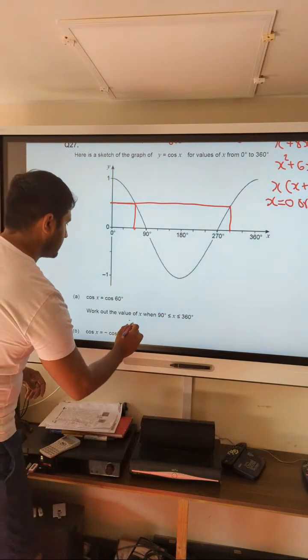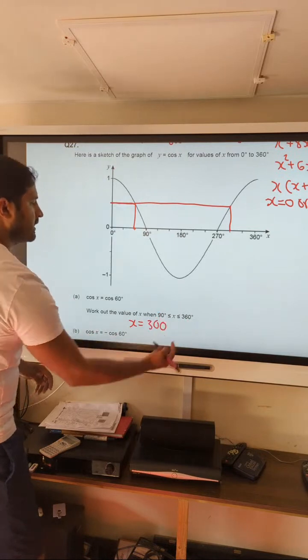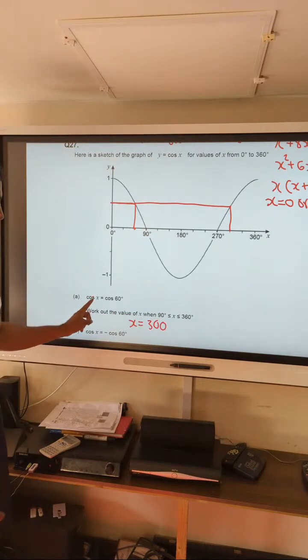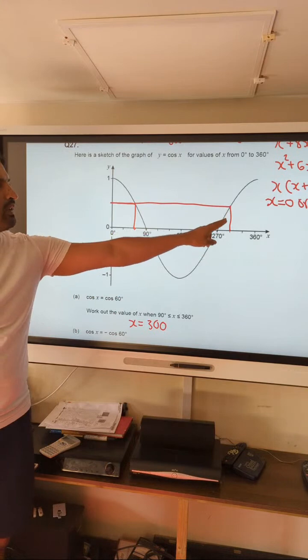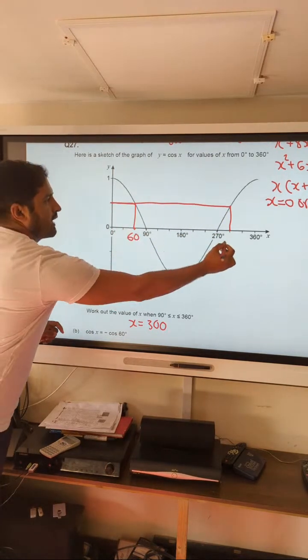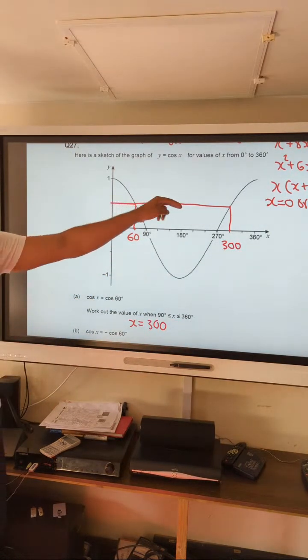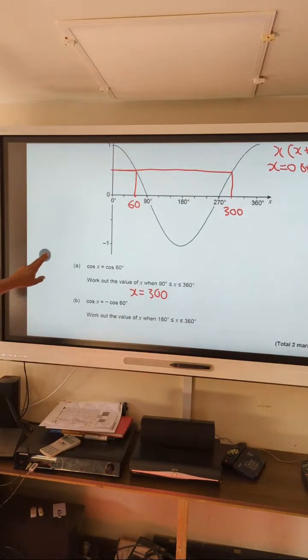So x is equal to 300 between 90 and 360. So cos 300 is exactly the same as cos 60, and will give you exactly the same value on both sides.